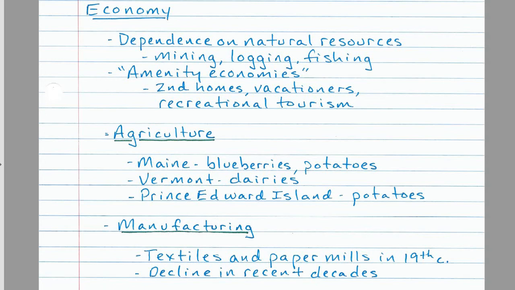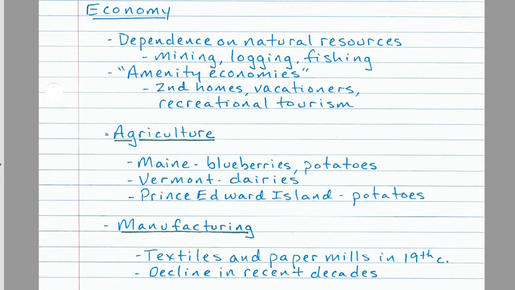You might have people who go up there for vacation, and you might have some sort of recreational tourism, boating and fishing and hiking and that sort of thing. But those aren't sustainable kinds of things for the local residents. Those jobs don't pay very well, and they're not very stable. We can see certainly during the pandemic period, COVID-19, tourism is not something that's generating a lot of money.